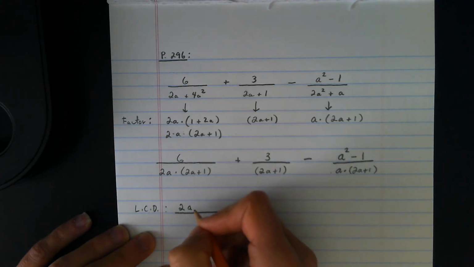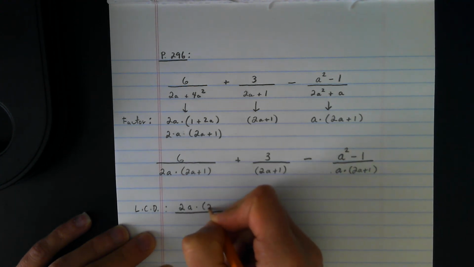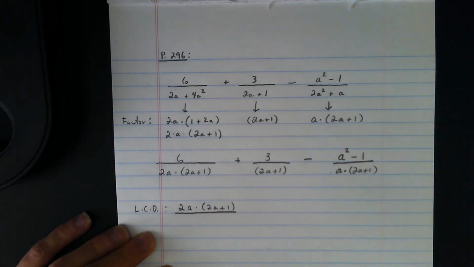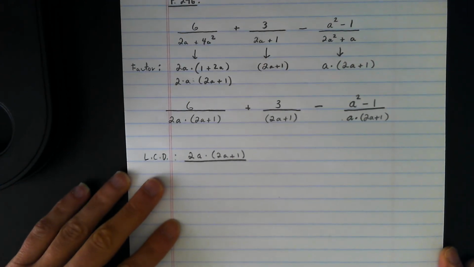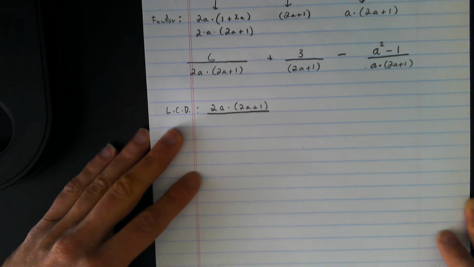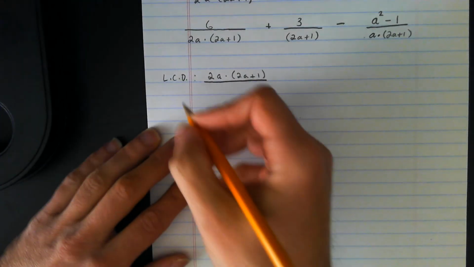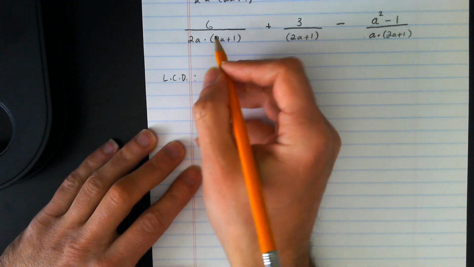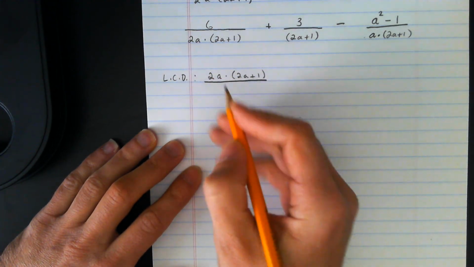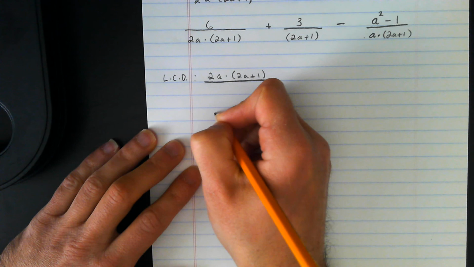That's the highest power of that factor. So that's my LCD. Okay, now we're going to build up our fractions. This one already has the common denominator, so it's okay as it is.